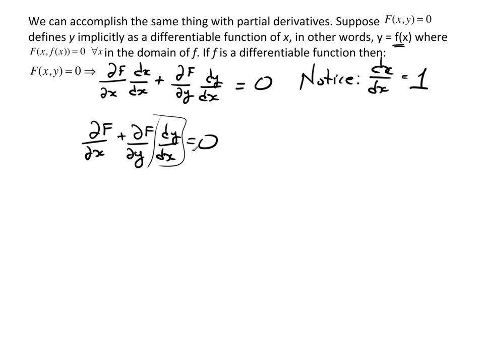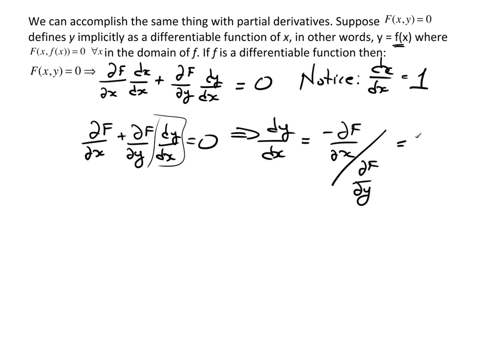Now, if I solve for dy dx, what I get is dy dx equals the negative partial of F with respect to x divided by the partial of F with respect to y. And using slightly more shorthand notation, we commonly write this as negative F sub x over F sub y, the partial with respect to x over the partial with respect to y.